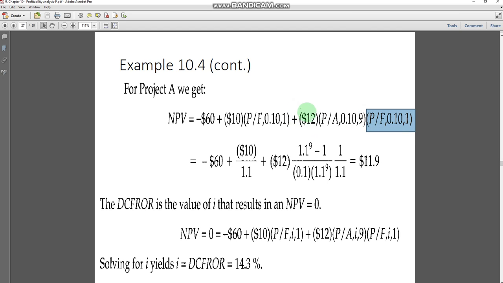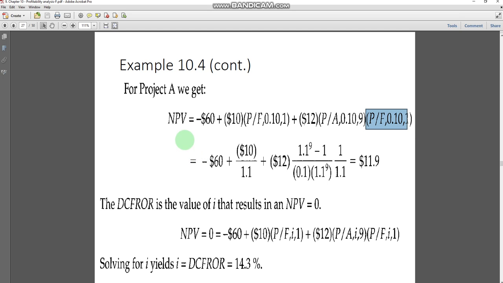This term acts as a future value, which is the value at the start of year 2, and then we use the equation P/F = 1/(1+i)^n. That will give you the present value at the start of year 1. So we use these equations in combination, and that will give you the present value at the start of year 1.